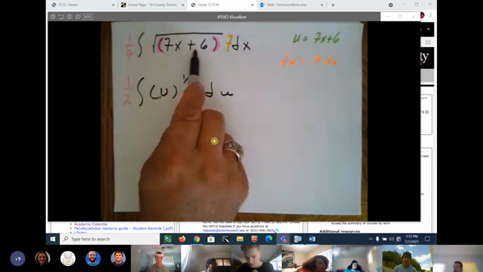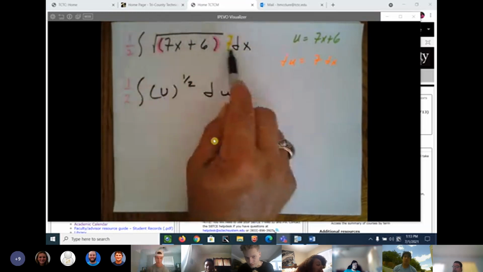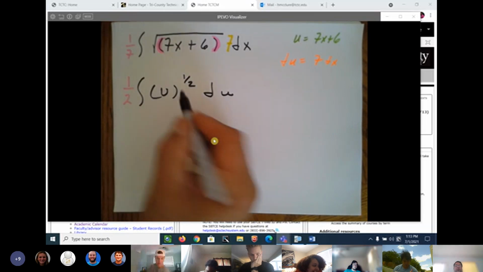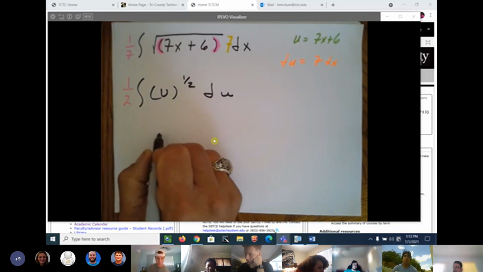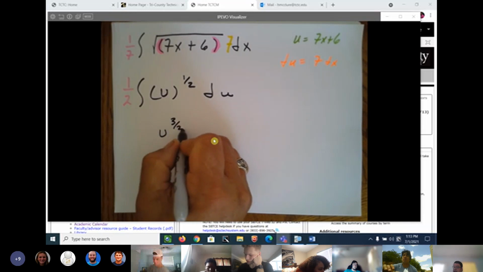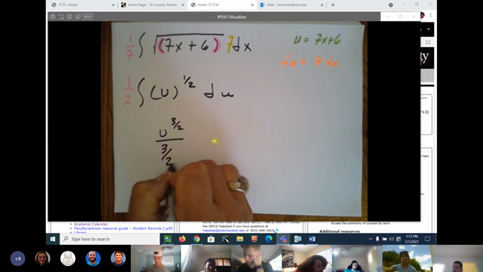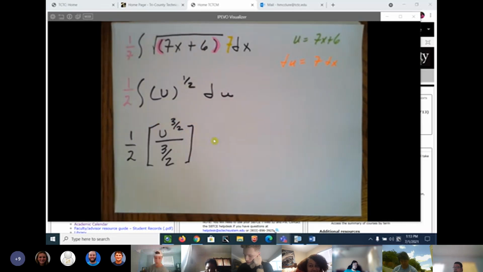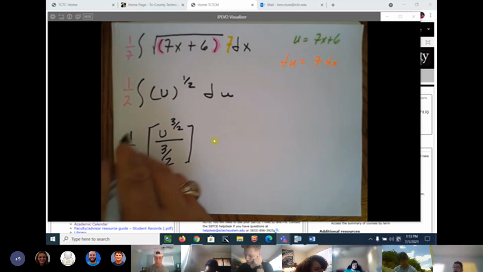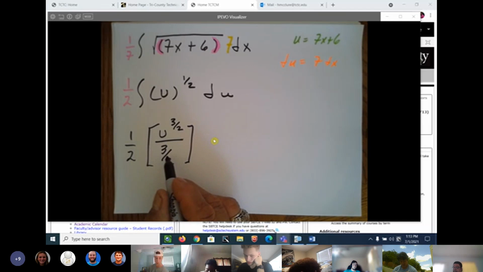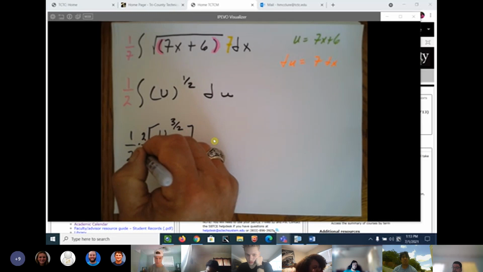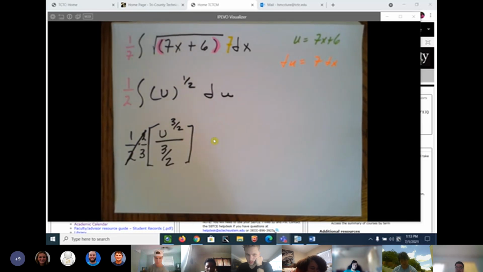That's what we got. U to the 1/2 power du. So what is the antiderivative of u to the 1/2? U to the 3/2 over 3/2 multiplied by 1/2. And somebody crank that out. What do you do with that 3/2? Multiply by what? 2/3? Wait a minute. That's supposed to be 1/7.